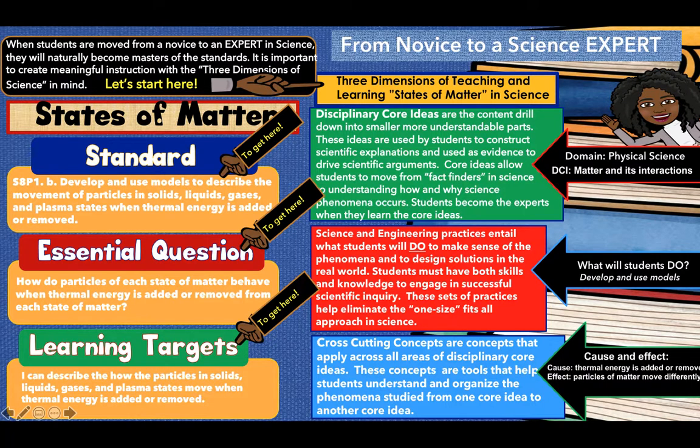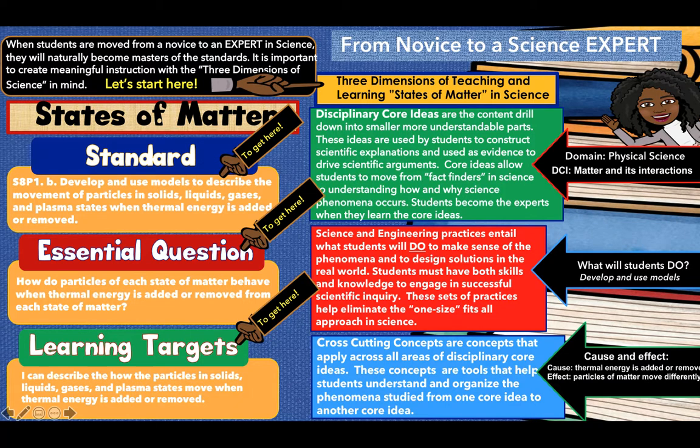So, what are those cross cutting concepts that we're looking at? The cross cutting concepts are the concepts that apply across all areas of disciplinary core ideas. I've had the pleasure of teaching sixth, seventh, and eighth grade in one year. And those cross cutting concepts will extend across sixth grade, seventh grade, and eighth grade, and even my high school course.